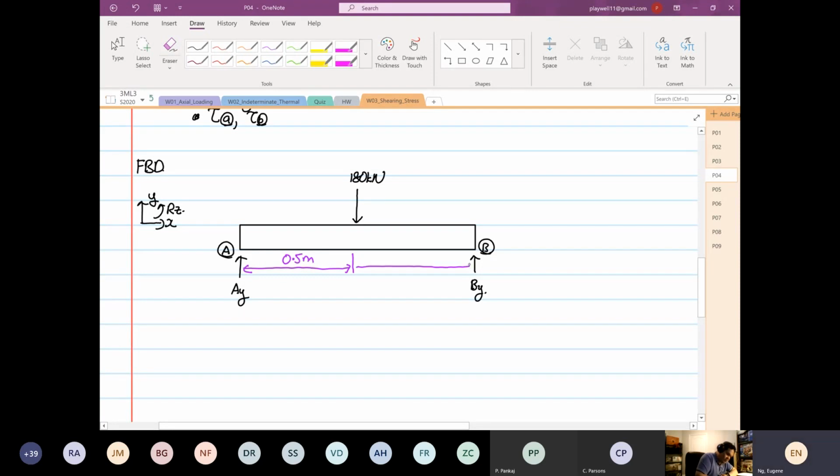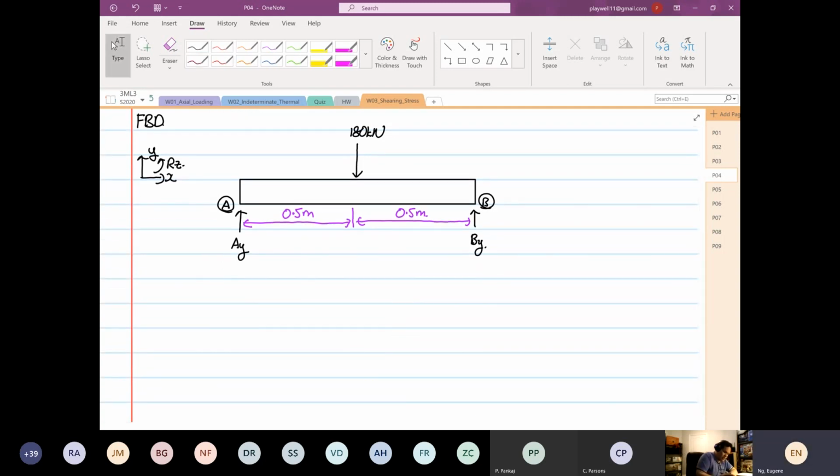Okay, so we realize that we can first do static analysis where summation of forces in the y direction is equal to 0. So we know that AY plus BY minus 180 times 10 to the power 3, the whole thing is equal to 0.